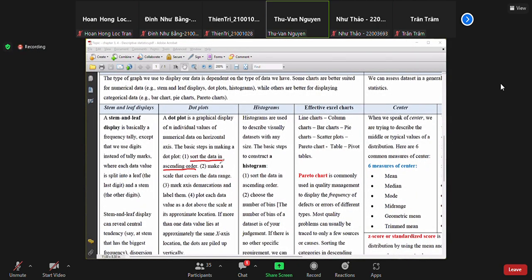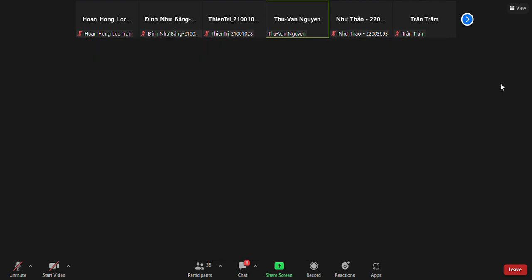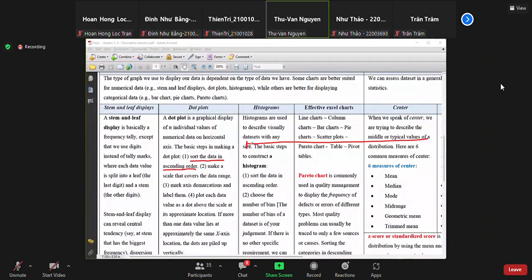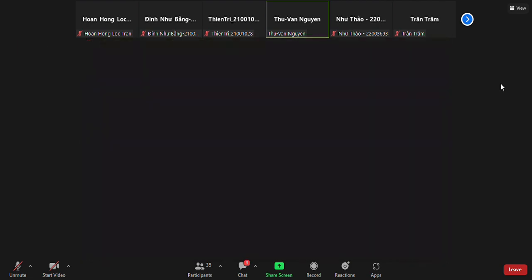And then the second step, make a scale that covers the range. So you first have the sorted data, and then you make a scale that covers the data range. For example, from 0 to 60 is enough to cover the data from 7 to 59.